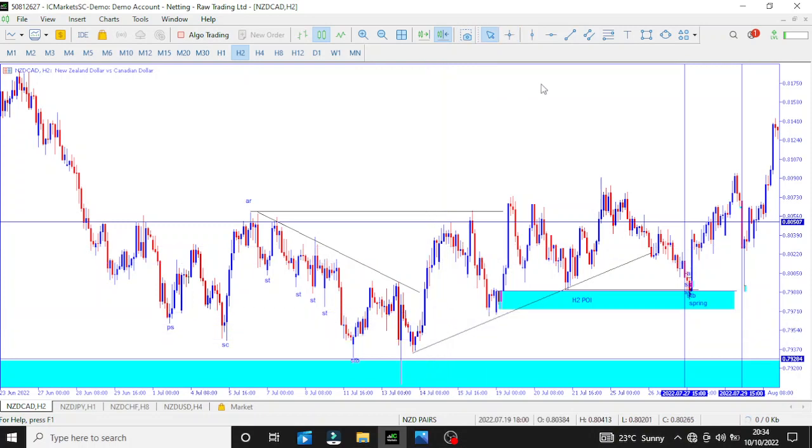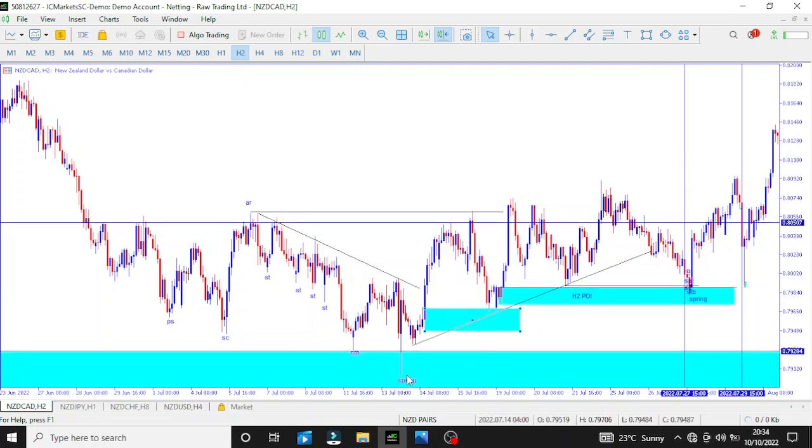This point of interest was mitigated, and it's a test for this spring. It's a test for the spring, and the spring was tested right here. This demand was closed right here, and this one, and it's the one that introduced the break of this range.